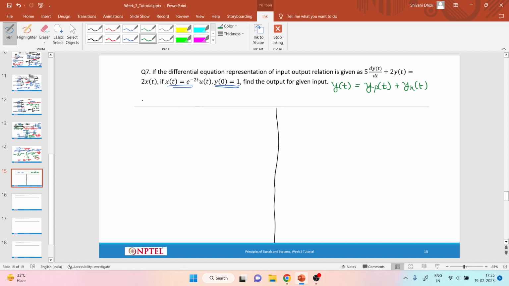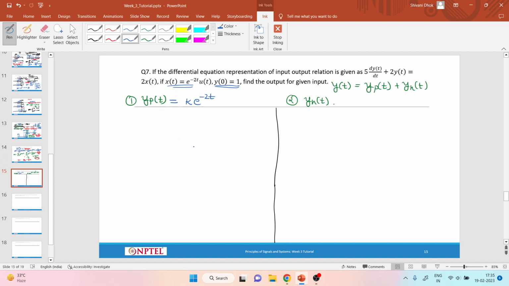So now first let us find the value of yp of t, and then we'll find the value of yh of t. For finding the particular solution, we assume this yp of t to be very similar but a scaled form of x of t, that is, let's say, k e^(-2t), and this is only possible when t is greater than 0.